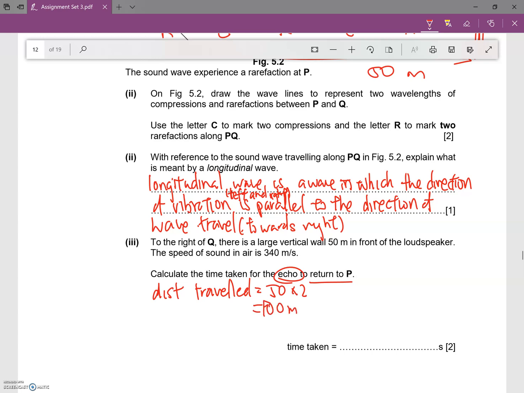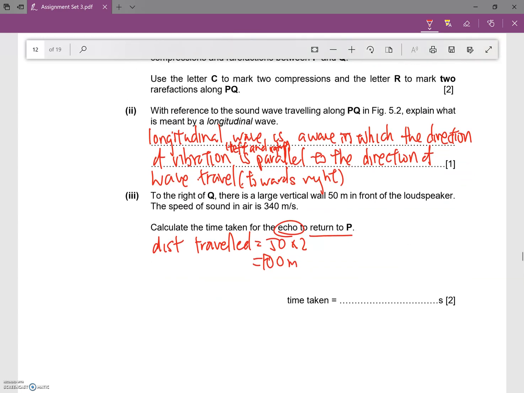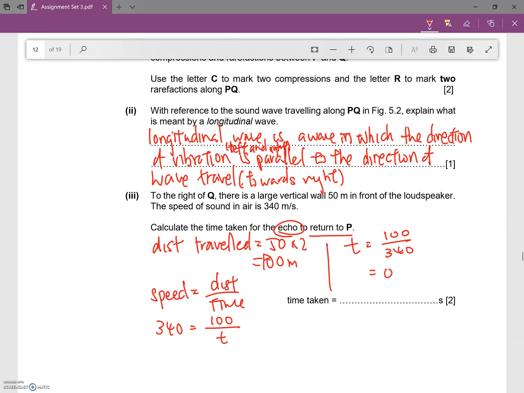Speed equals distance over time. Speed is 340, distance is 100, and time is what we'll calculate. So t equals 100 divided by 340, which gives 0.294 seconds.